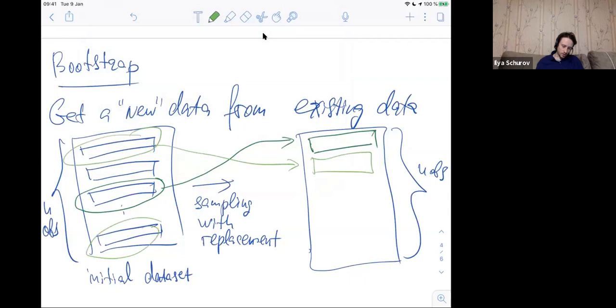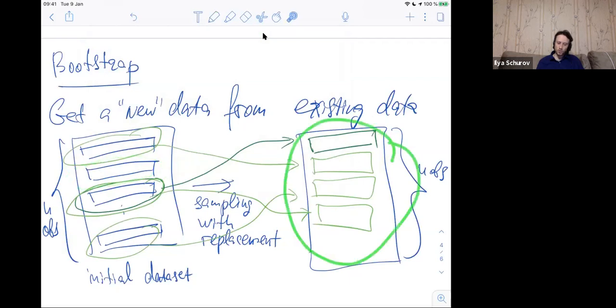This is my third observation. This is my fourth observation, and so on. And it is possible that some observations here are so unlucky that they are not chosen to be included in the new data set. This is okay.